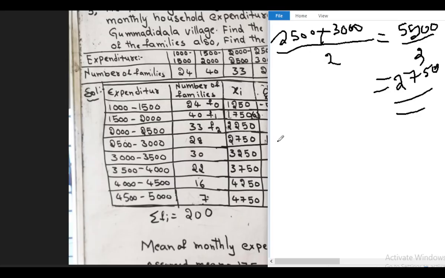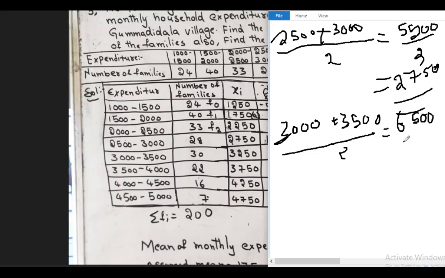So why skip that one? I will show that one too. 3000 plus 3500, which is equal to 6500 by 2. 2 3s are 6, 2 2s are 4, 2 5s are 10. 3250.